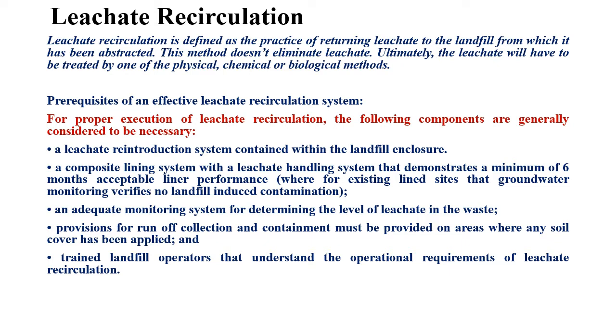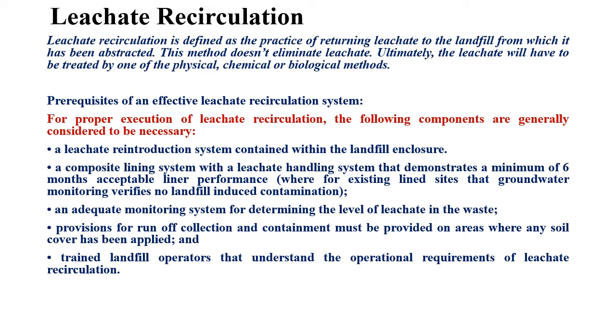So there are some prerequisites that we have to take care of for maintaining an effective leachate recirculation system, and the main component necessary is a leachate reintroduction system contained within the landfill enclosure. So this is one additional system that will come into place other than the leachate collection and removal system and the lining system.